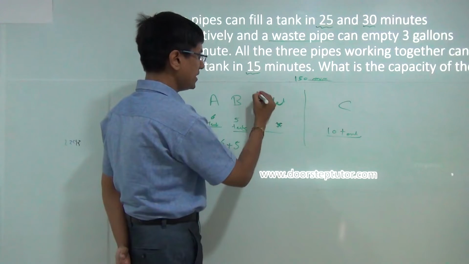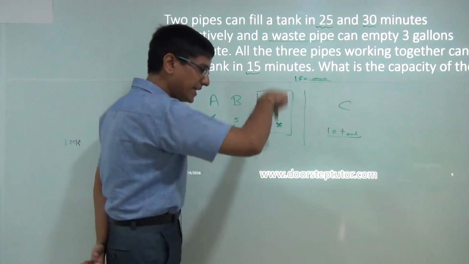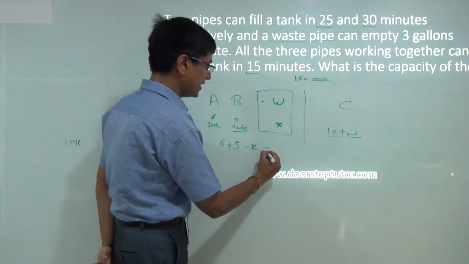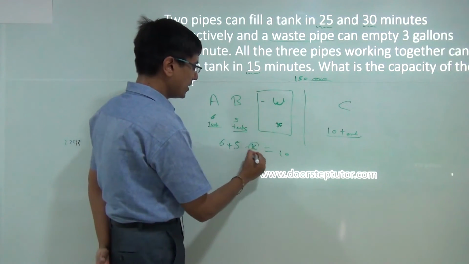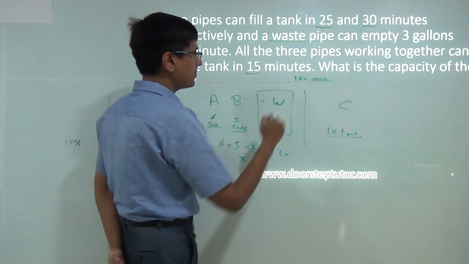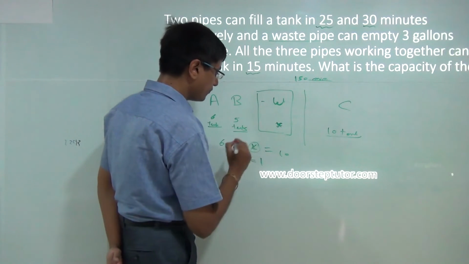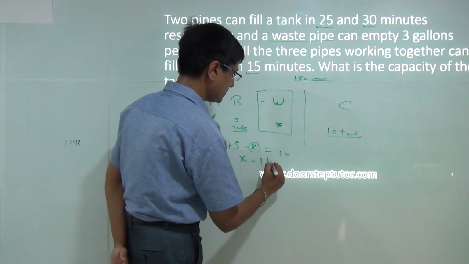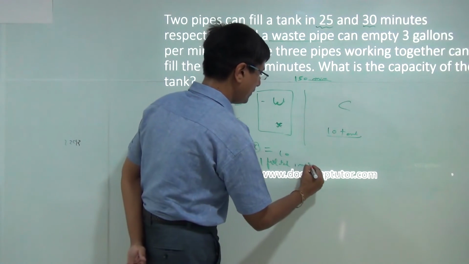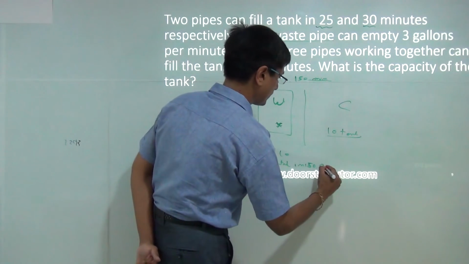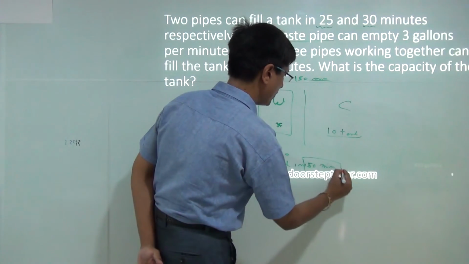And this is emptying X tanks. So in net, if they are all working together, then I get only 10 tanks. Or this waste pipe was able to empty one full tank in 150 minutes.